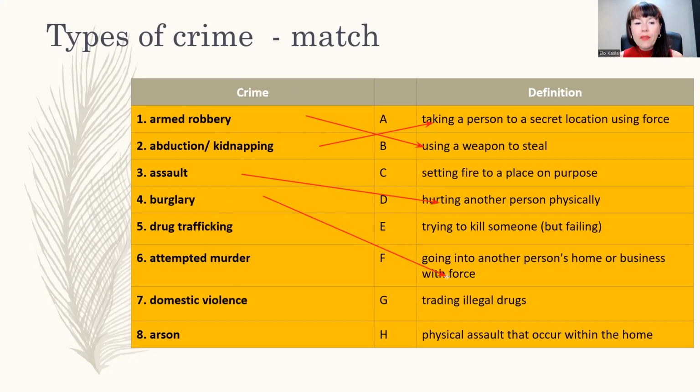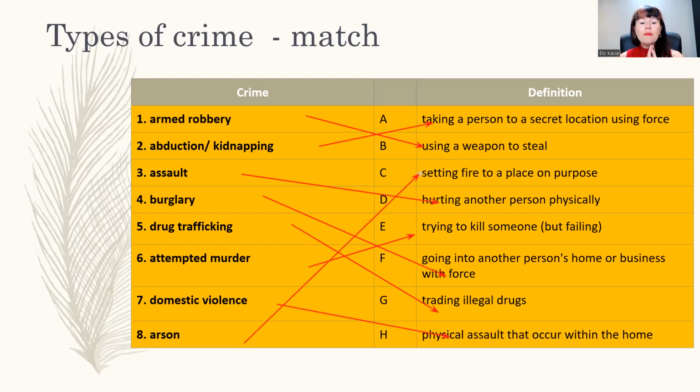Drug trafficking is, of course, trading illegal drugs. Attempted murder, of course, trying to kill someone but failing. Domestic violence, physical assault which occurs within the home. And arson, setting fire to a place on purpose.